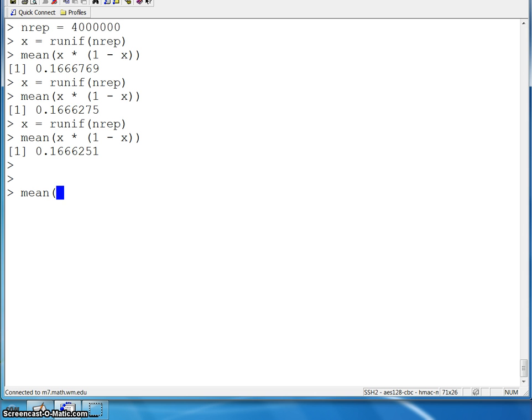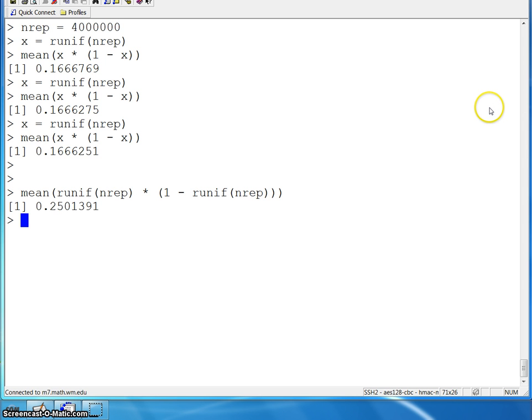If I wanted to do this in just one statement, would it be legitimate to take runif of nrep and multiply it by 1 minus runif of nrep? And I think there's 3 to close there. And notice that I'm not getting something close to 1/6 when I do this. Instead, I'm getting something that's close to 1/4.